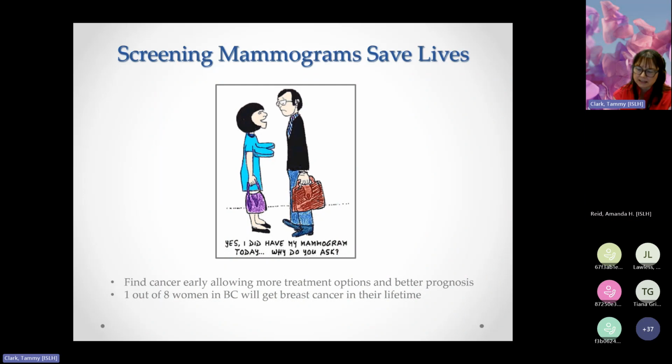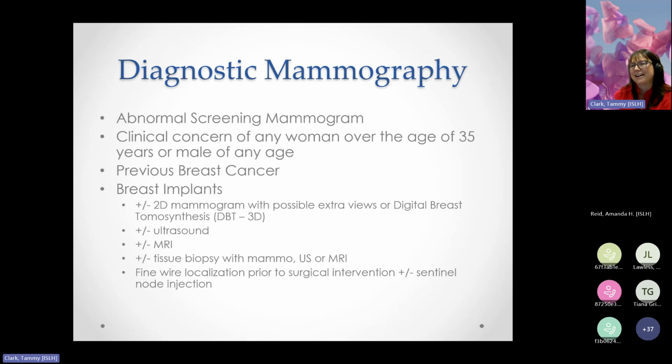So it doesn't take long to think of 8 women that you know, and one of those women is going to get breast cancer. So have your screening mammograms. It really does work. And we all bounce back, not like in the picture there. So don't worry.